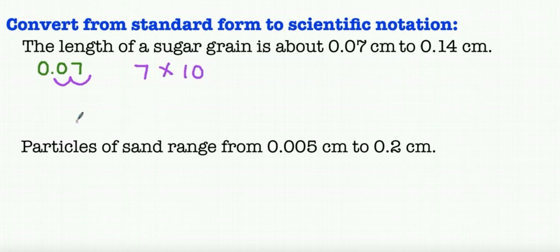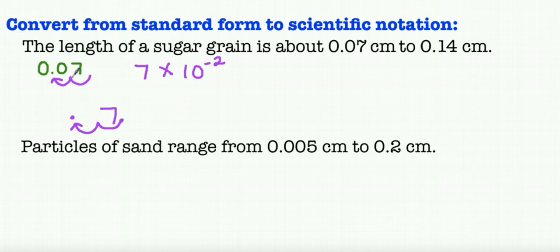So if we're going to have 7 and we want to go back to our initial value, our decimal is going to be here. And in order to get 7/100, we have to move the decimal back to the left. So times 10 to the power of -2, because we want to come back to standard form, but we just want to rewrite it in scientific notation.